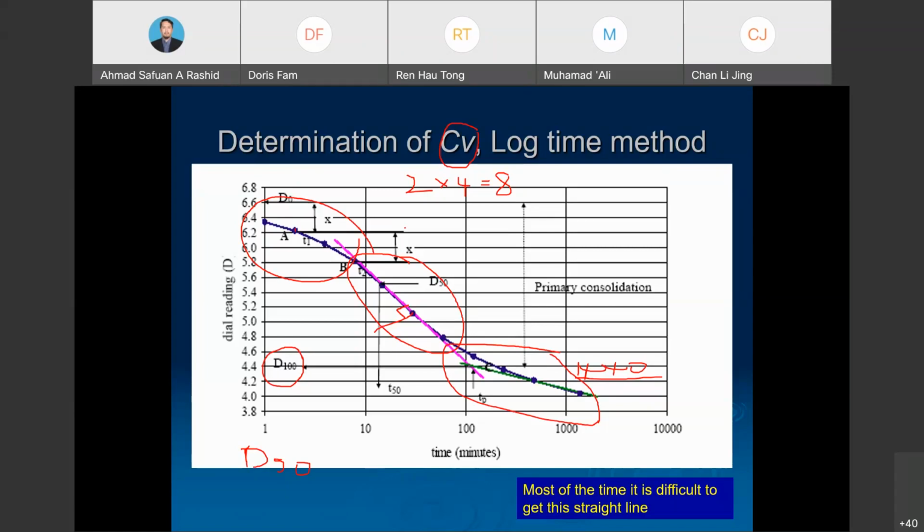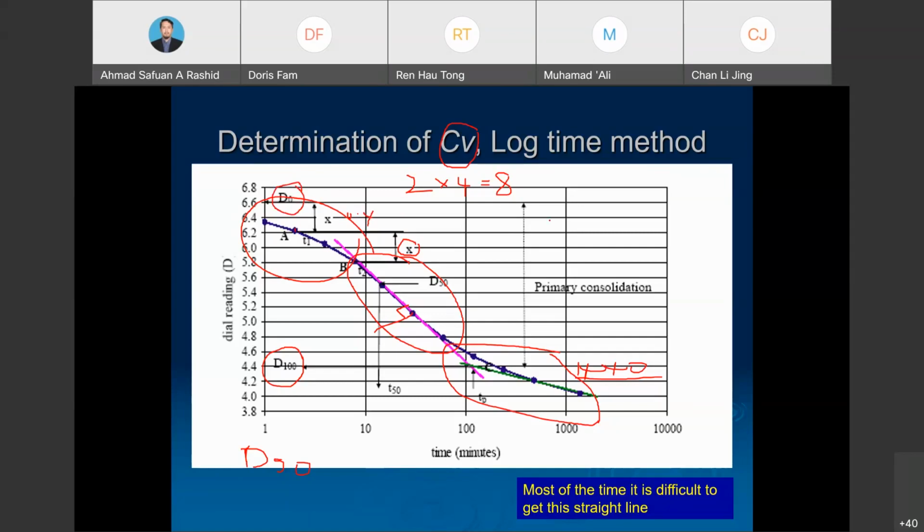So the different distance between A and B, we consider as an X. For example, if A to B is equal 6.2 minus 5.8, which is 0.4, the same 0.4 we extend up from the A. So we extend 0.4 as well. So the extension of 0.4 from the A is the value of the D0.